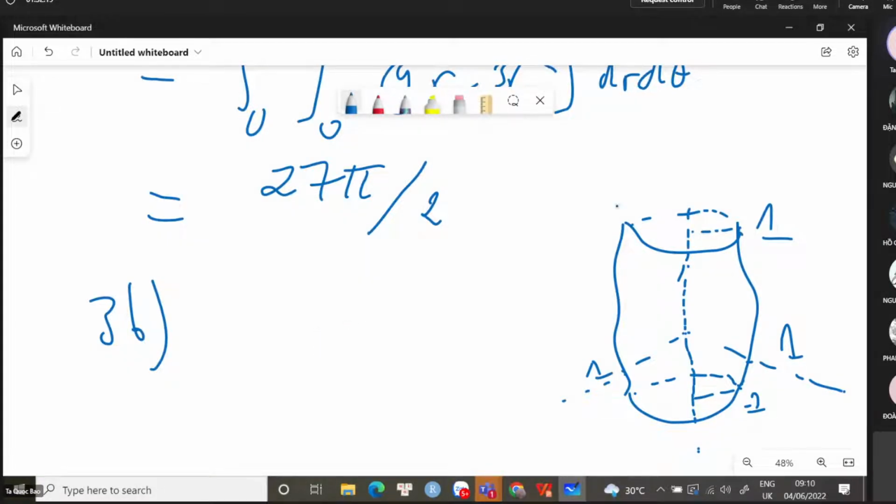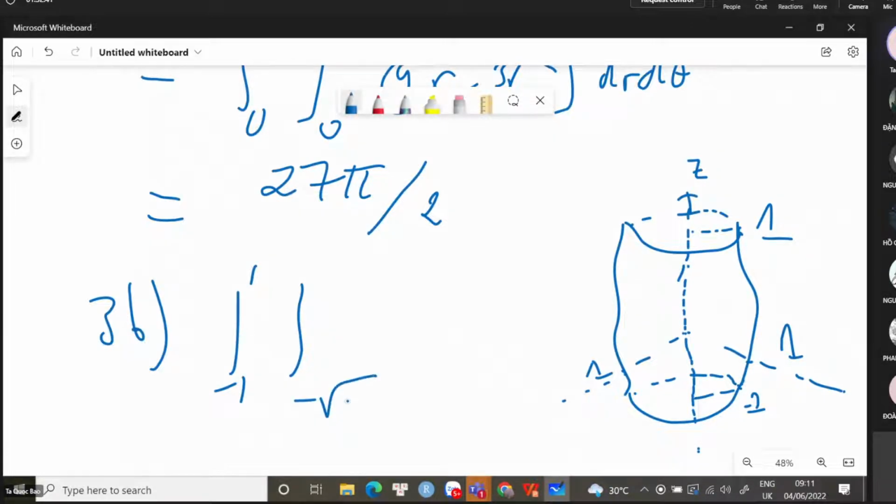Okay. So therefore we have an integration from minus 1 to 1 for y, and for x, integration from minus square root of 1 minus y power 2 to square root of 1 minus y power 2. And integration from minus 1 to 1 for z.